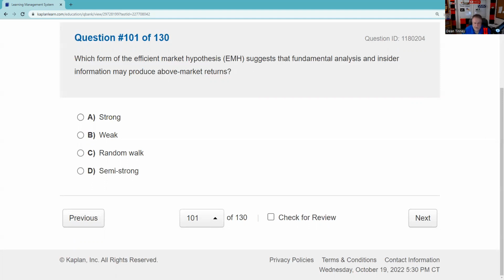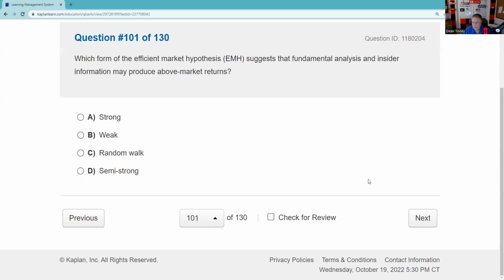Which form of efficient market suggests the fundamental analysis and insider information may produce above market returns? So, random walk would mean nothing works. That's the strongest form. Semi-strong means material non-public information works, or strong. Some people disagree about that. But this would be the weak form.